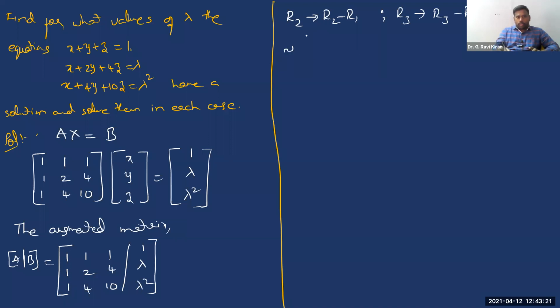Now see what happens to this. First row is 1, 1, 1, 1. And the second row 1 minus 1, 0, 2 minus 1, 1, 4 minus 1, 3. And here we'll get lambda minus 1. Next, third row, R3 minus R1, so it is 1 minus 1, 0, 4 minus 1, 3, then 10 minus 1, 9, and here it is lambda square minus 1.